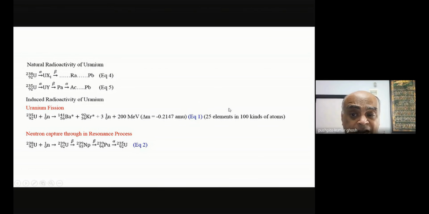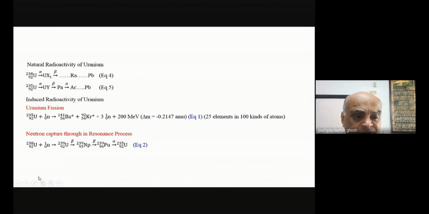But you must understand that there are 25 different elements which can actually form from fission. This is not the only pair. There are many other pairs of fission products which can form. Now, this is another thing you need to understand: we talked about uranium-235 being the actual fissile material, but even if you've got 3% uranium-235, about 97% is uranium-238.